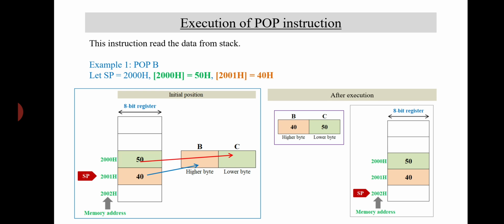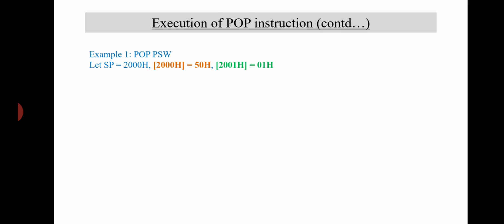Let's take up another example of POP PSW, and again assume that the stack pointer contains the address 2000, the location 2000 contains the data 01, and the location 2001 contains the data 50.